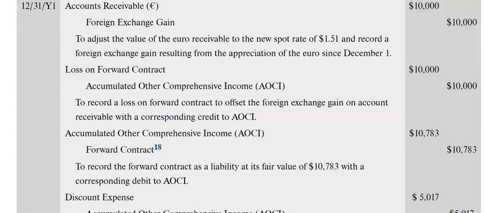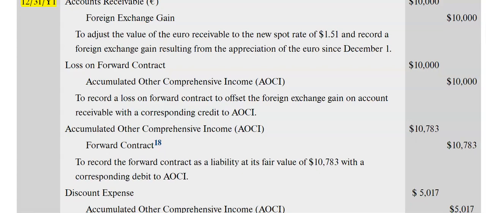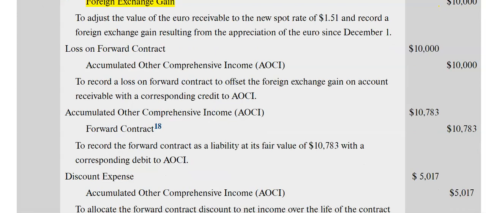Table summary: 2 journal entries each having one debit row, one credit row, and an explanation line. 12/31/Y1. Accounts receivable, Euro, $10,000. Foreign exchange gain, $10,000.